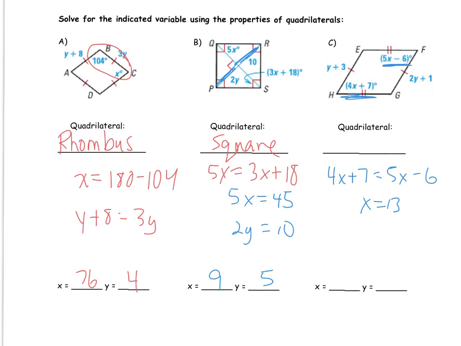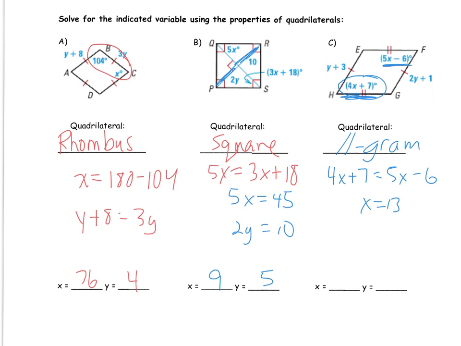All right, so now I'm just going to plug it back in. What's 4 times 13 plus 7? Or is it 90 degrees? 4 times 13, 52, plus 7, 59. Is that a 90-degree angle? Nope. So she was correct. It is a parallelogram. Okay, but we just had to check just in case.